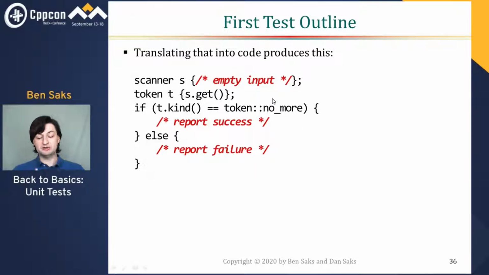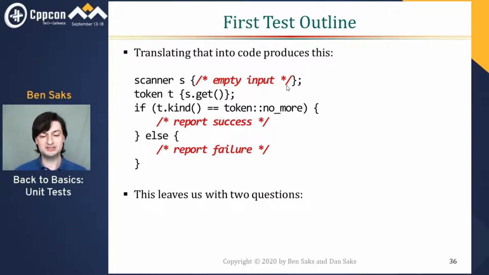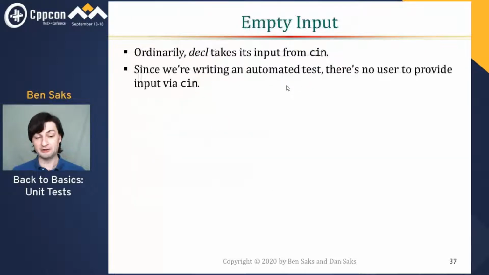What we need to do now is figure out, okay, how are we going to represent empty input? How are we going to report success and failure from this test? With regard to the empty input, ordinarily, Decal is written to take its input from cin, standard in.